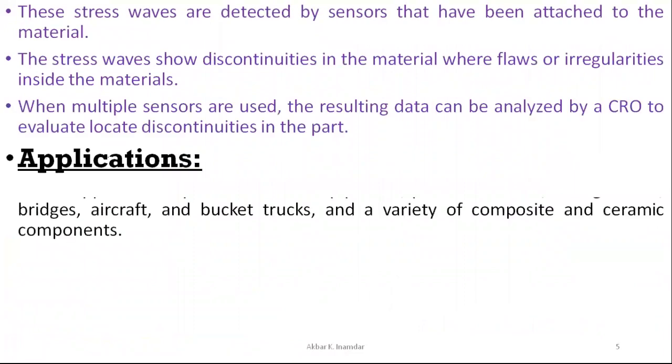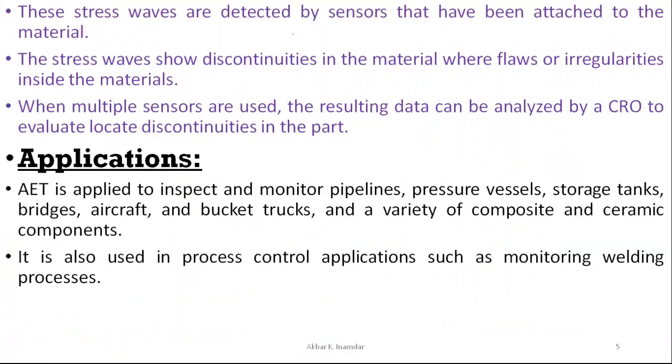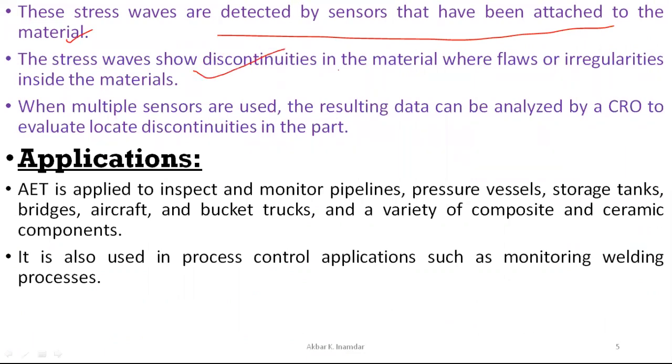These waves are detected by the sensor attached to the material. The stress waves show discontinuities in the material, where there are flaws or irregularities. When multiple sensors are used, the resulting data can be analyzed by the CRO, evaluating the discontinuities in the part.